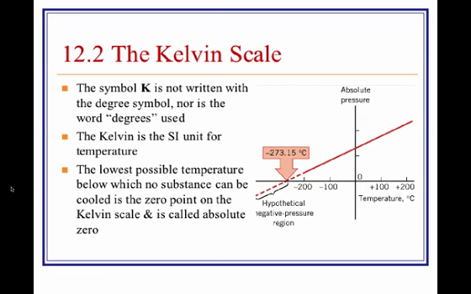We will look more at thermodynamics in chapters 14 and 15. The conversion from Kelvin to Celsius is whatever the temperature is in Celsius plus 273.15, which is the measurement for absolute zero in Celsius.